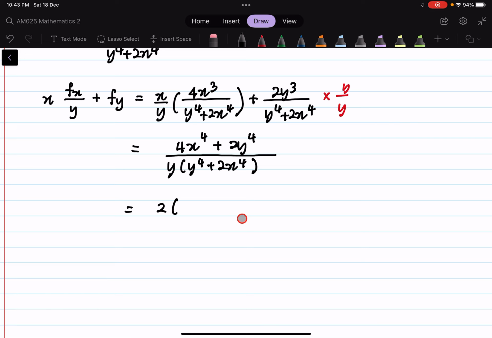So here is y to the power of 4 plus 2x to the power of 4. If I expand again, 2y to the power of 4 here, and 4x to the power 4 here, divided by y times y to the power 4 plus 2x to the power 4. If I simplify this numerator and denominator of y to the power 4 plus 2x to the power 4, I'm going to get 1. And we're going to get 2 over y, just like on the right hand side. So, proved.